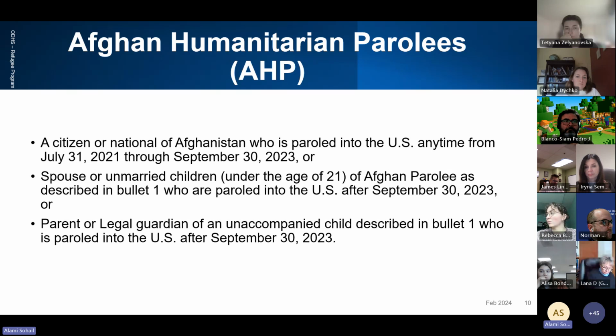We saw these a lot when people were getting paroled at the U.S. southern border. Or you can see a foreign passport with something that looks like a U.S. visa sticker and the code PARC on it. And that's a recent thing as well. That's something that happened in 2023, last year.